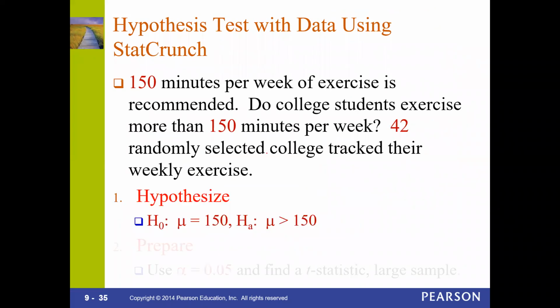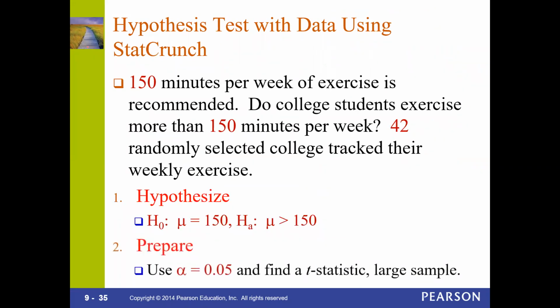Okay, no question. So using StatCrunch, we do the same thing. I just went over this already. This is another example in which they use StatCrunch. Look at the way they say it: 150 minutes per week of exercise is recommended. Do college students exercise more than 150 minutes per week?